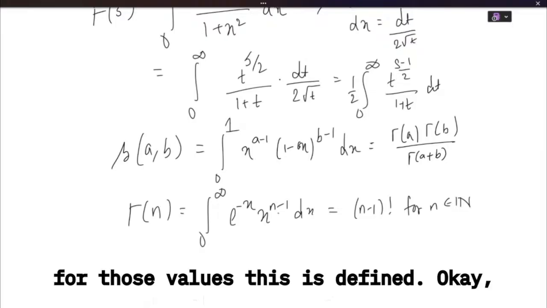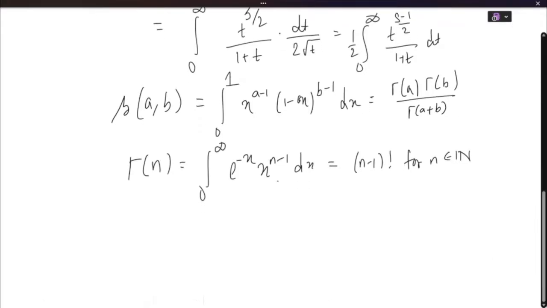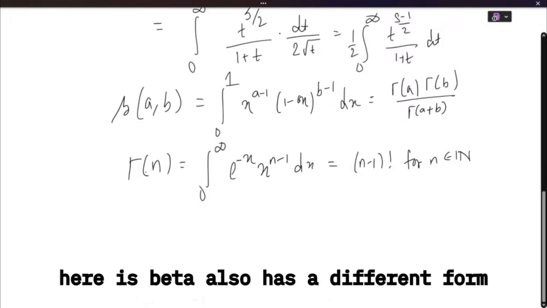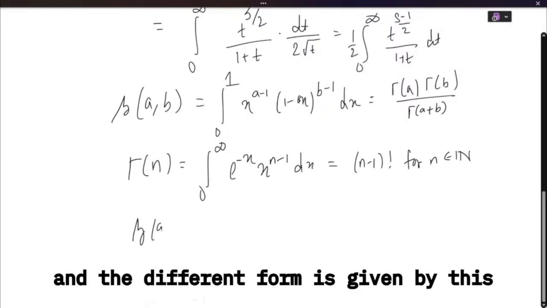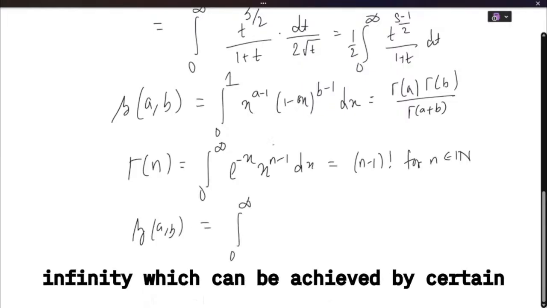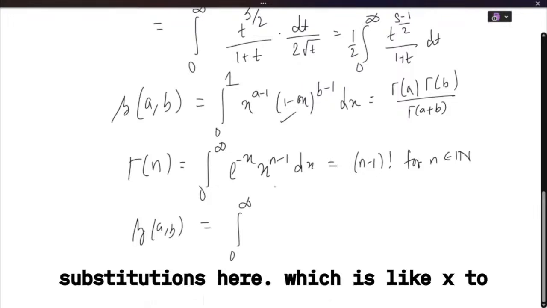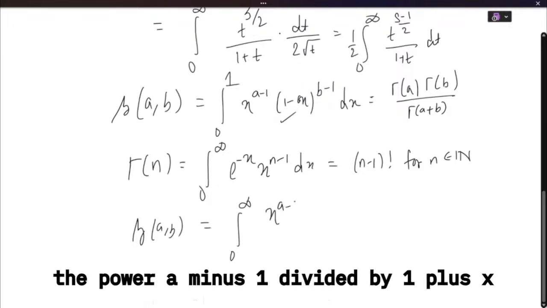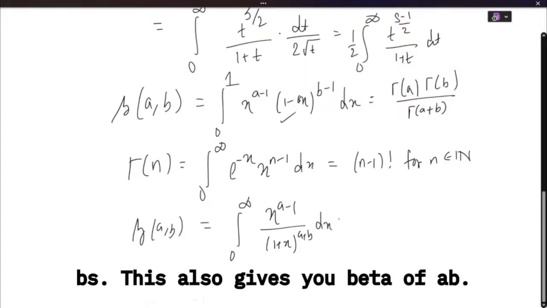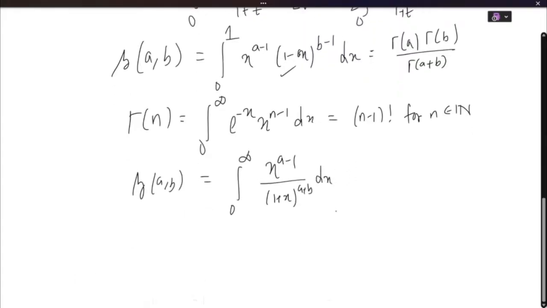Okay, so what I was trying to achieve here is that beta of a, b also has a different form, with 0 to infinity, which can be achieved by certain substitutions: x to the power a minus 1 divided by (1 plus x) to the power a plus b dx. This also gives you beta of a, b.